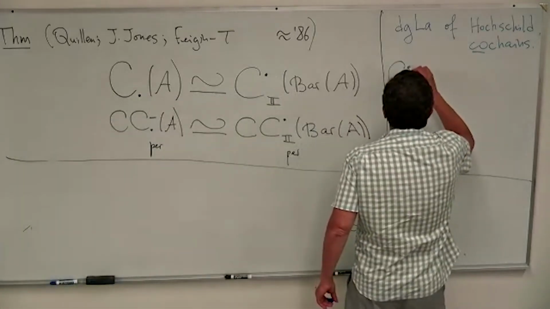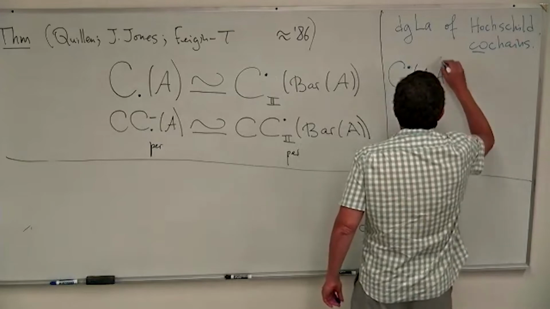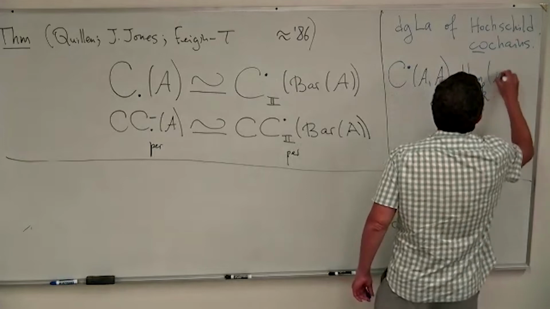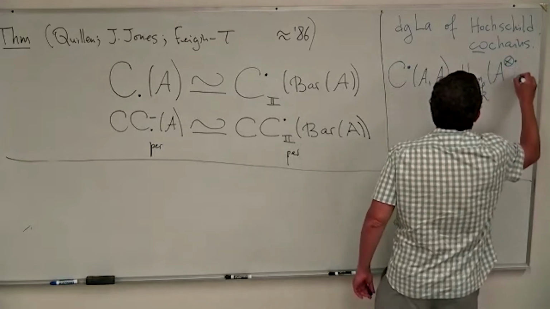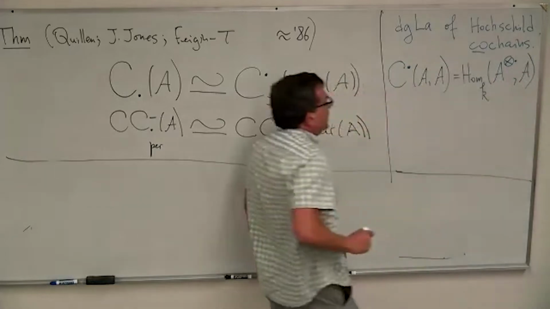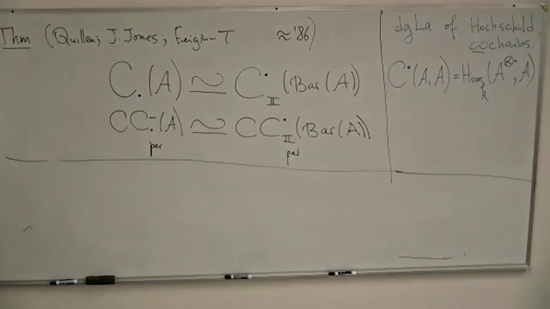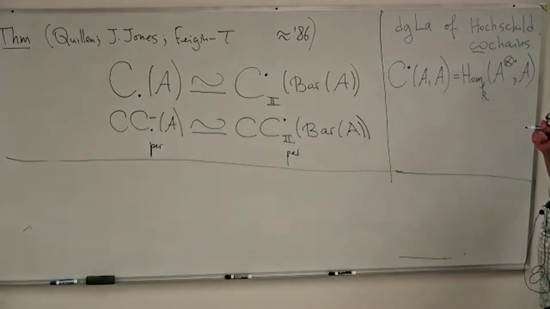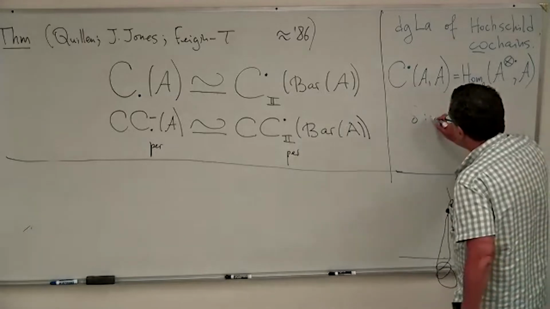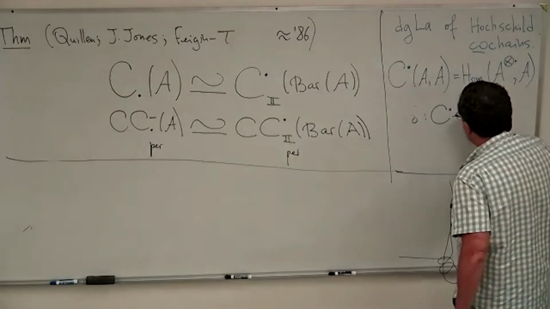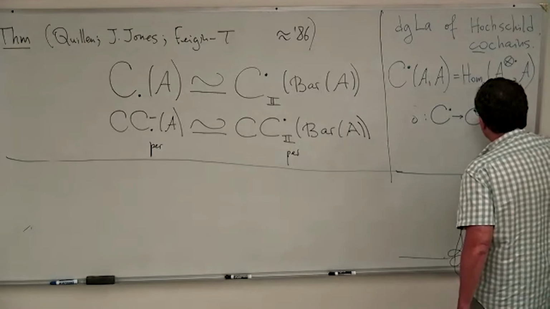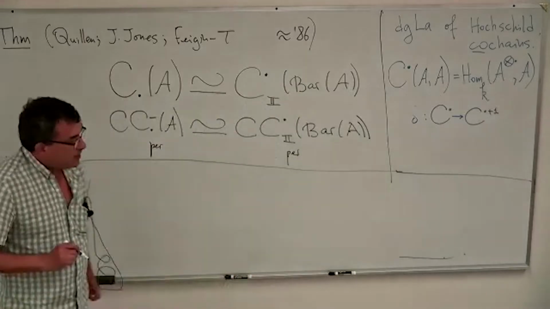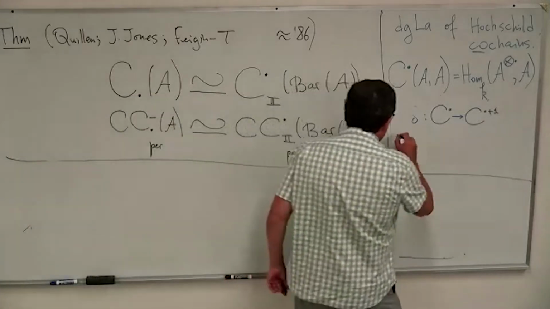It is multilinear maps from A to itself, and it has a differential, and also it has a bracket.